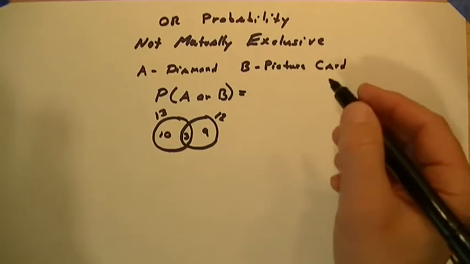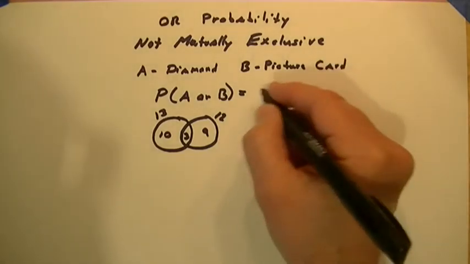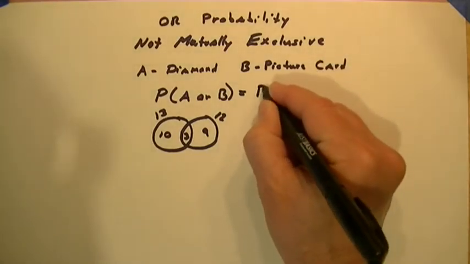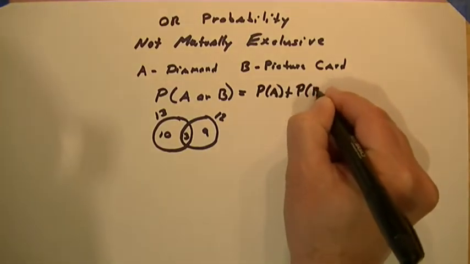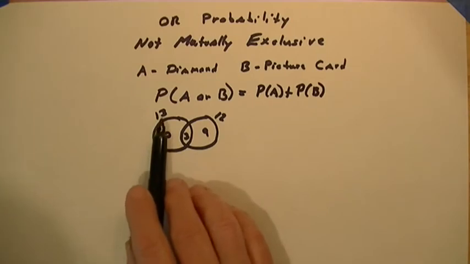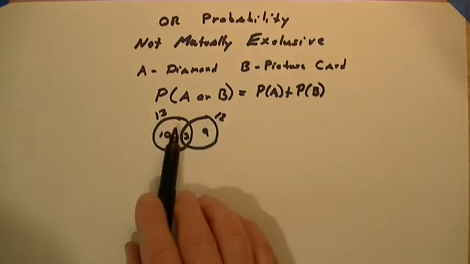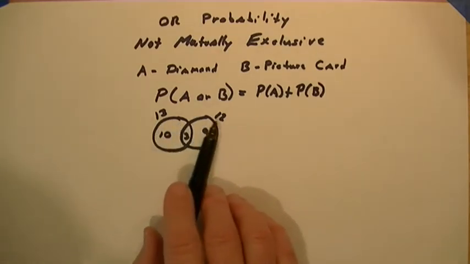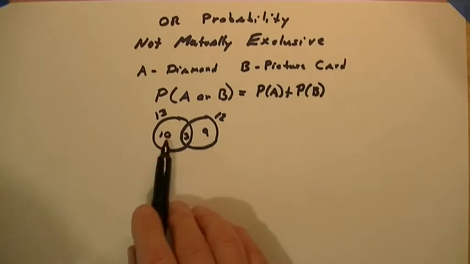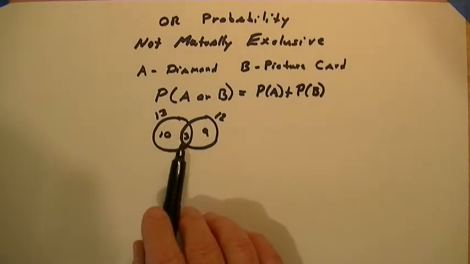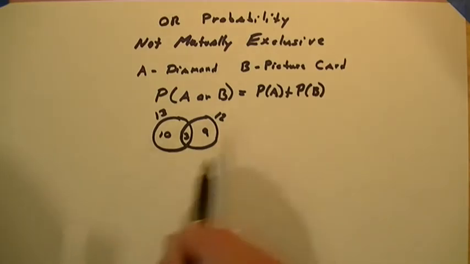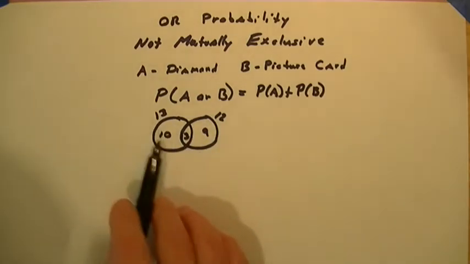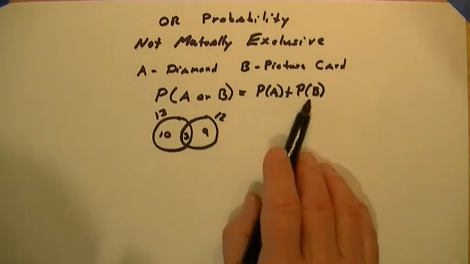If we would simply do the probability of A plus the probability of B, we would be incorrect because 13 and 12 adds up to 25. Whereas if you add these, it only adds up to, let's see, 19, 22, right? So we know the answer is 22 by looking at our Venn diagram, but this will not get us 22.